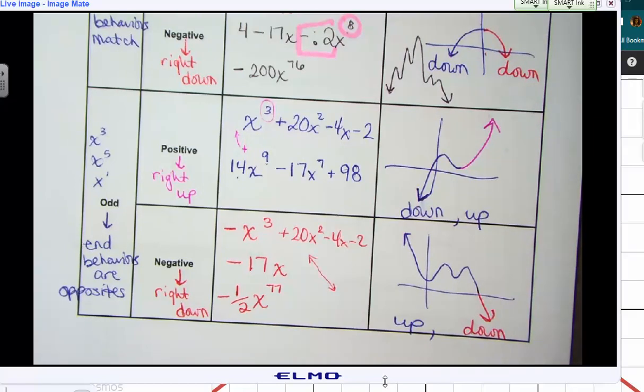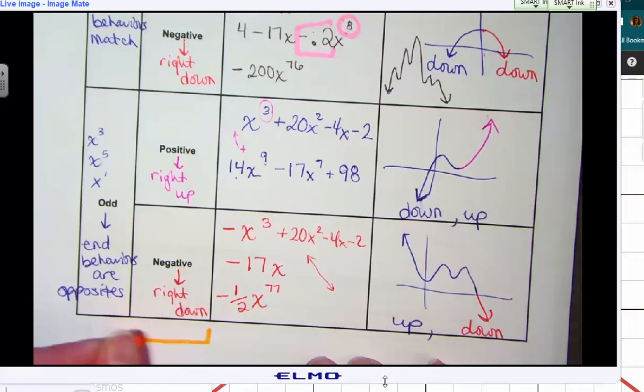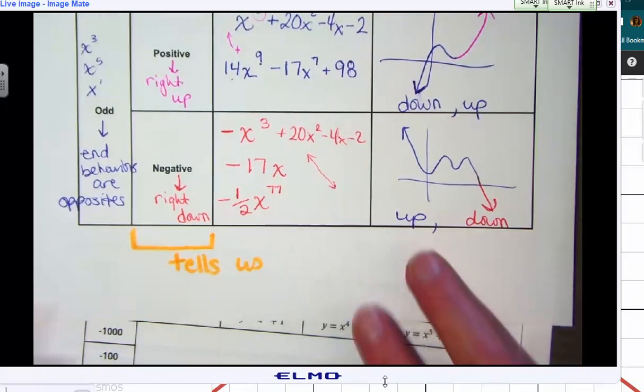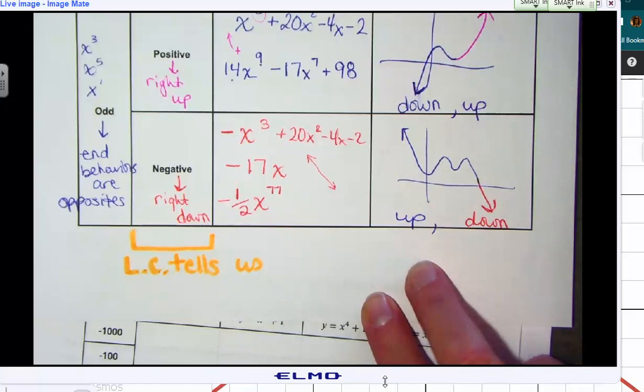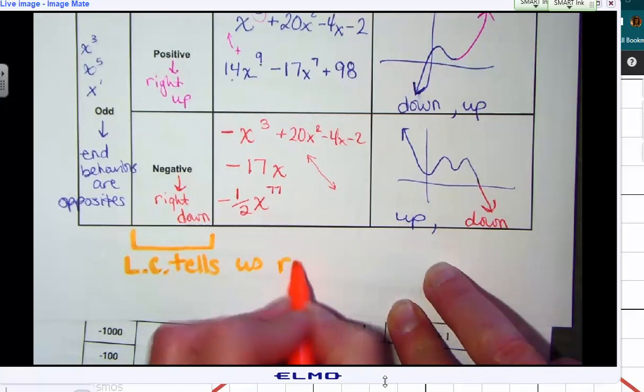So big idea. The leading coefficient, I'm going to abbreviate that LC, tells us what's happening on the right side. The leading coefficient tells us the right side direction.